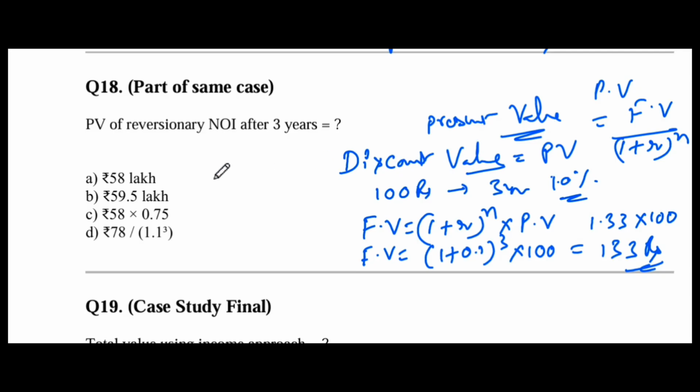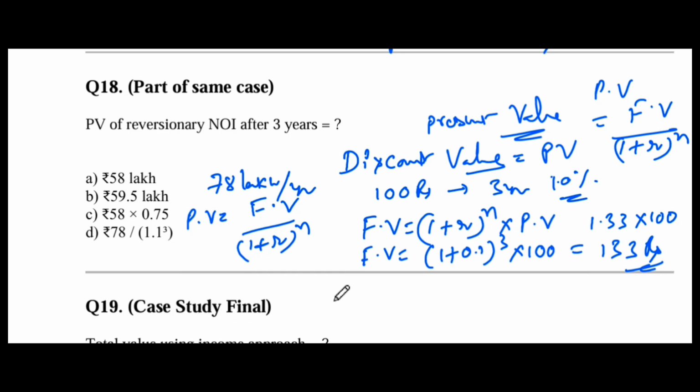So I have future value. How much? 78 lakhs per year. So how to get this present value? PV equal to future value by 1 plus R whole power n. This is reverse compounding, right?